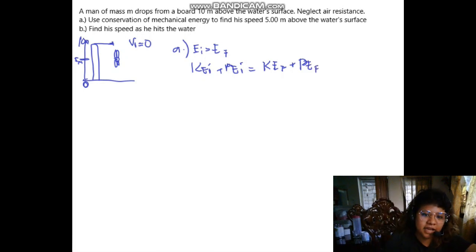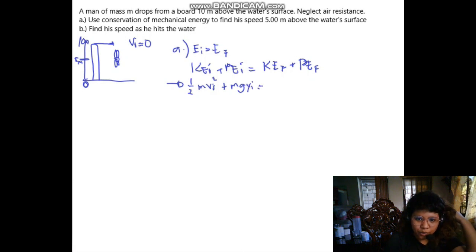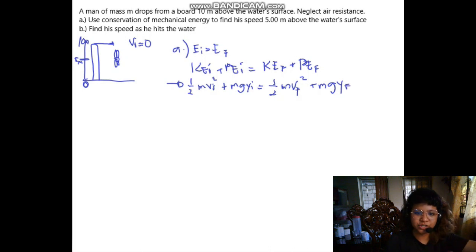When we put in their respective formulas, we get 1/2 m v squared initial plus m times gravity times initial position is equal to 1/2 times mass times final velocity squared, plus mass times gravity multiplied by final position.